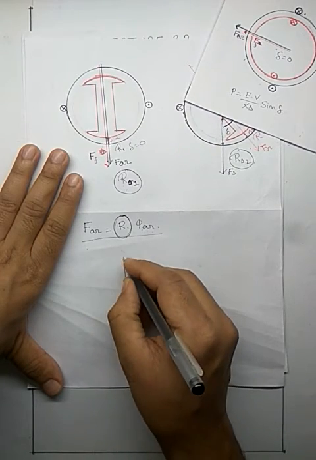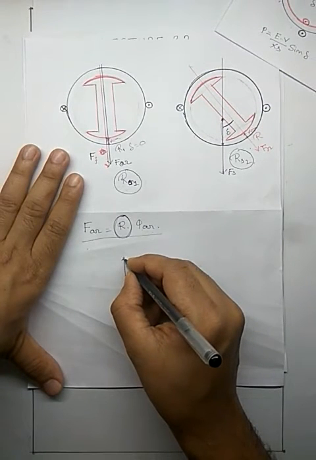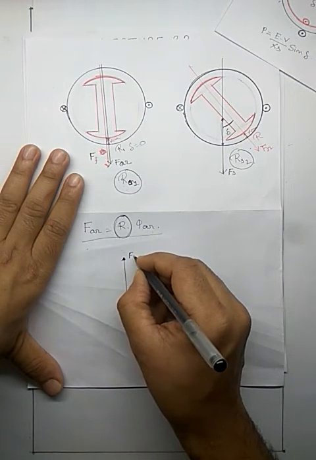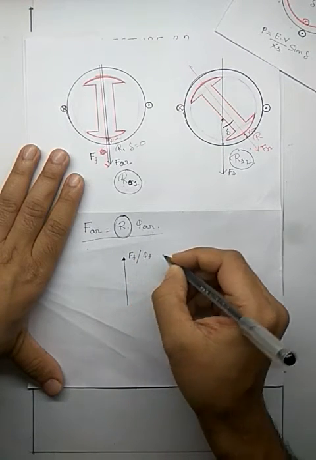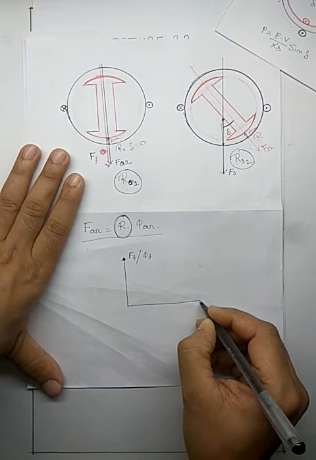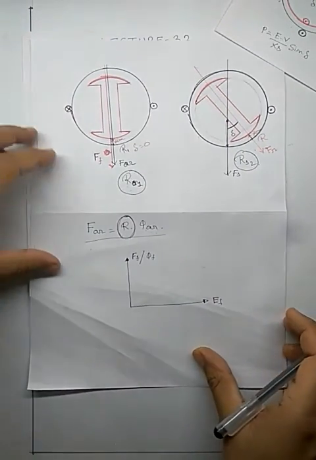Since the rotor is seeing the same air gap everywhere, there will be no change in the rotor circuit. Let's say this is my phi F, and corresponding to that this is FF, and perpendicular to this is EF. Up to this there is no difference.